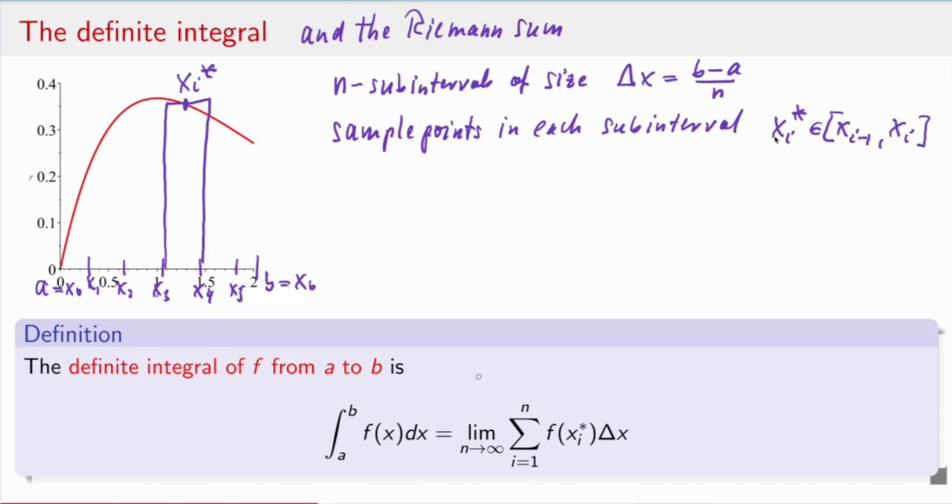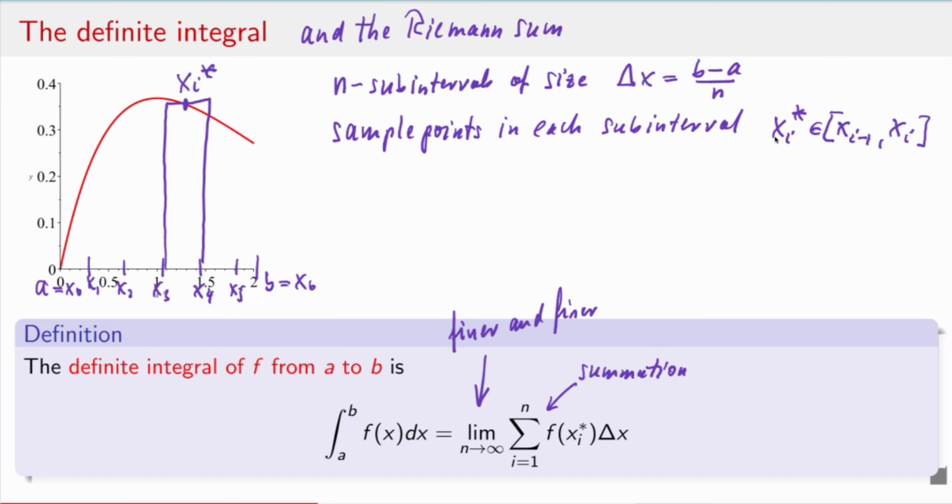So the first limit here, as n goes to infinity, this means I'm using more and more subintervals. And if I use more and more subintervals, I make the subintervals smaller. So I get a finer and finer approximation to the area. So that's what the limit means. It makes it finer and finer. Now this big sigma sign here, this is the summation sign.